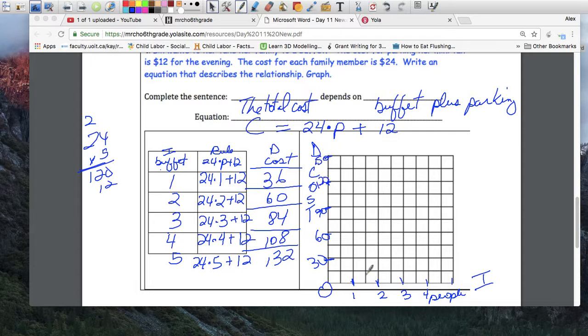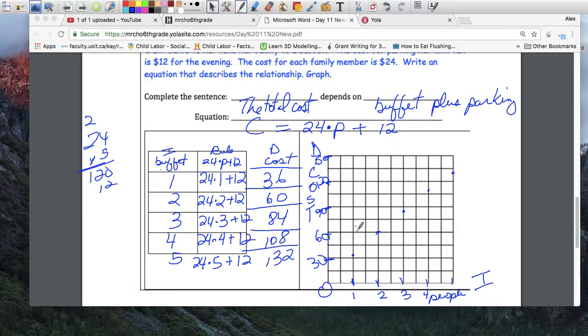So if one person comes, 36, that's going to be right there. 2 people come, it's going to be 60. 3 people come, it's going to be 84, which is about here. 4 people come, it's going to be 108, which is maybe around here. And if 5 people come, it's going to be 132, which is about here.